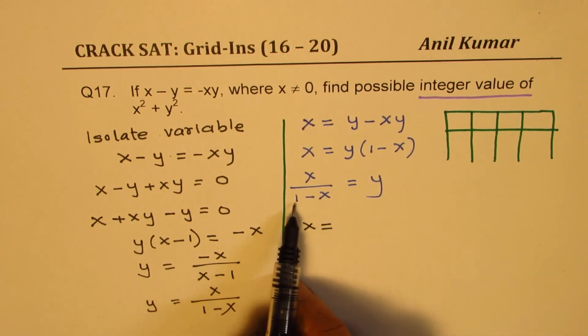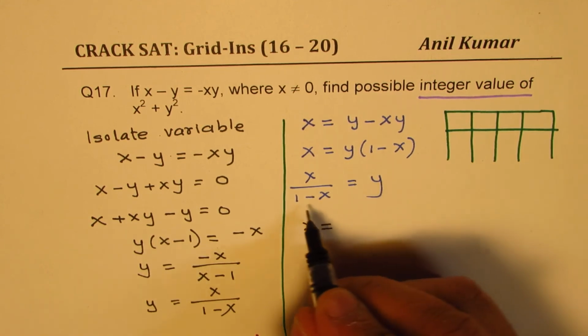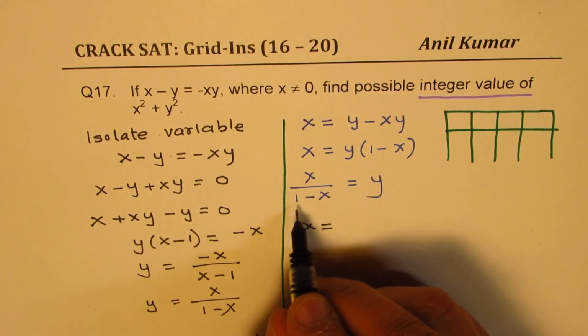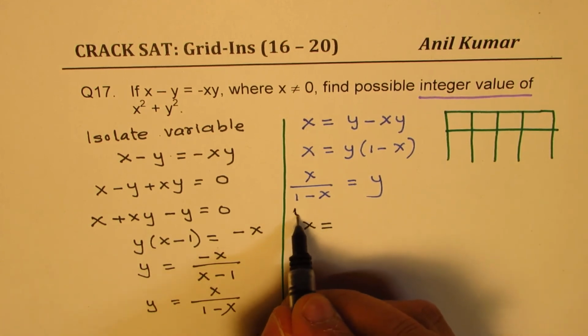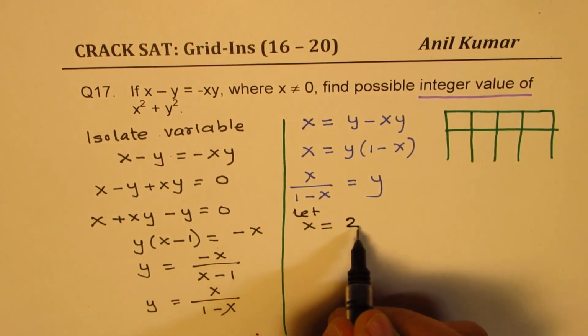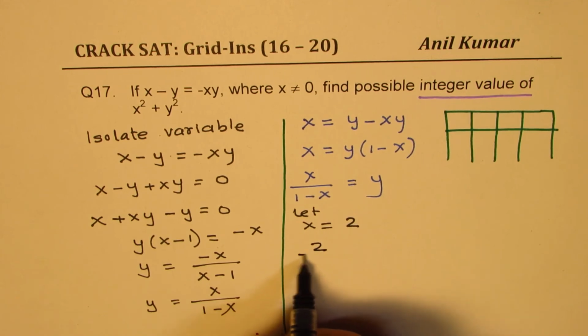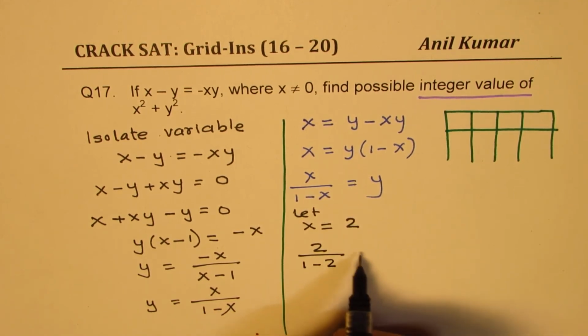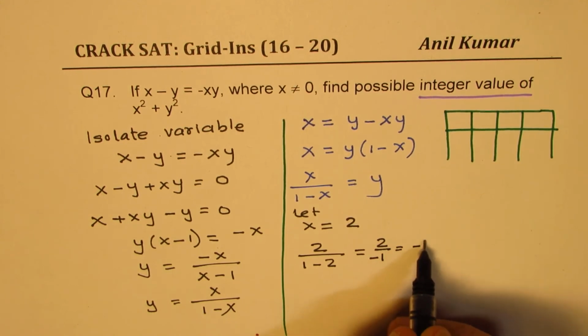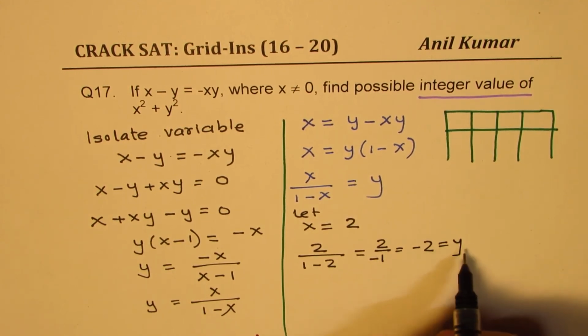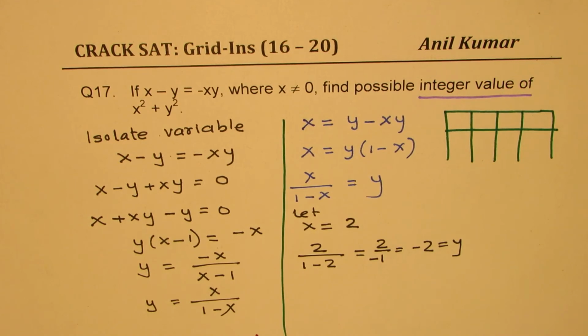I cannot do 1, right? 1 is not possible because from here clearly 1 will make it 1 minus 1 as 0, undefined. So let x be equal to 2. In that case we get 2 over 1 minus 2, and the value is 2 over minus 1, which is minus 2. So we do get a value of y which is minus 2. Correct? So the very first value, x equals 2, gives you some value.